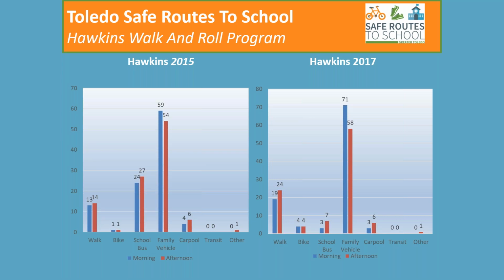This shows just some data that we've collected for one of our Walk and Roll Wednesday programs. This is one of our elementary schools, and this data was collected in 2015 and 2017.